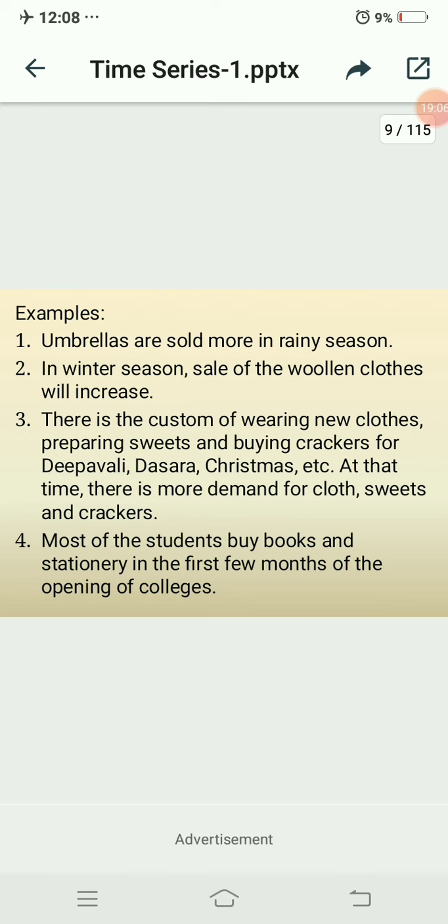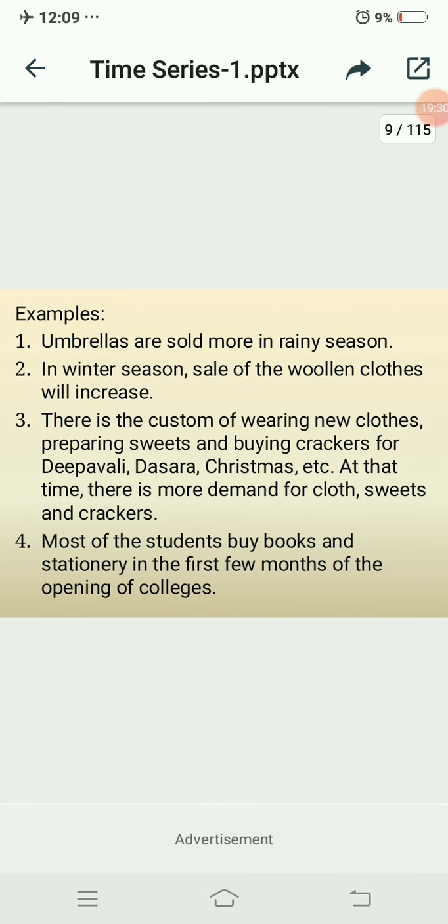Not in any season, only in the rainy season are umbrellas sold more. Second, in winter season the sale of woolen cloths will increase, according to the weather conditions, mainly in winter.